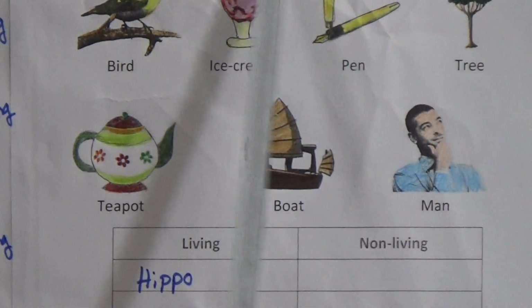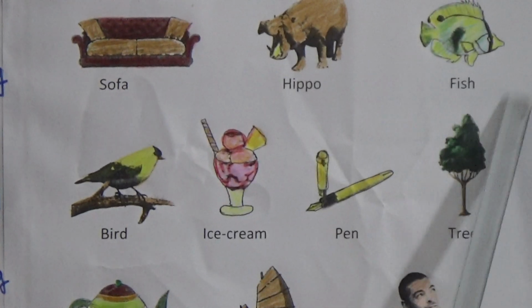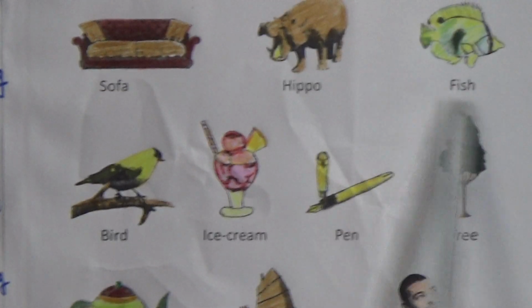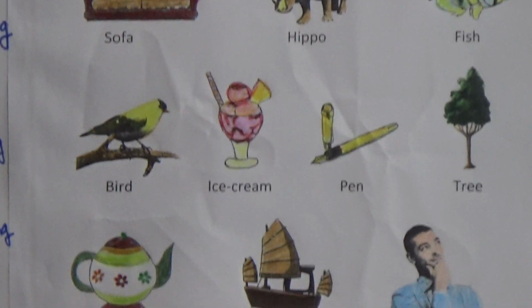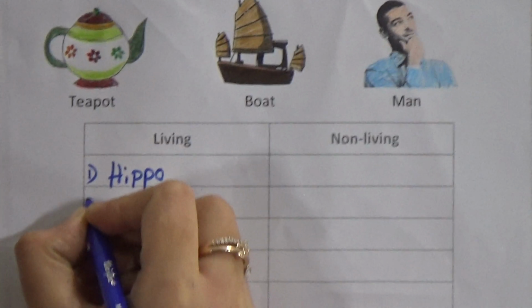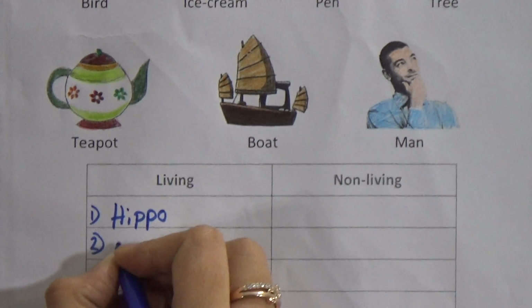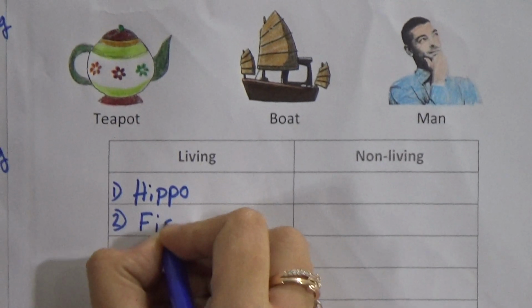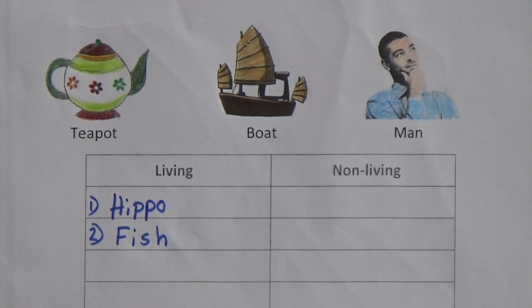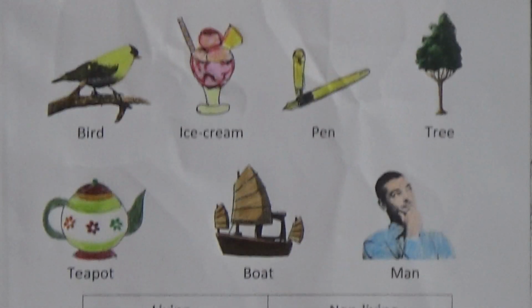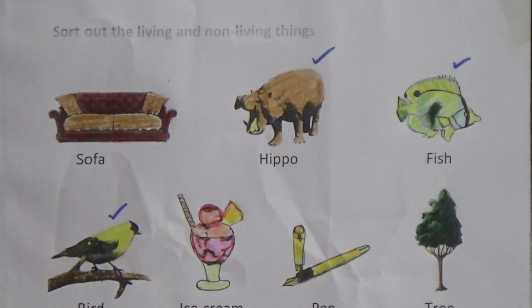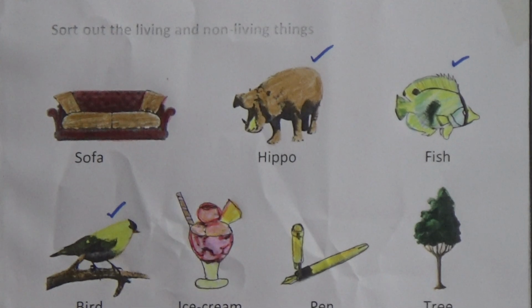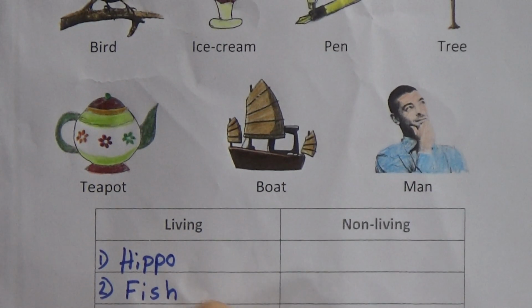And then we can see here is a picture of a fish, and we know that a fish is a living thing. So we will write here number 2, fish. And next one here is a bird, and we know that a bird is also a living thing. Then number 3 is bird.